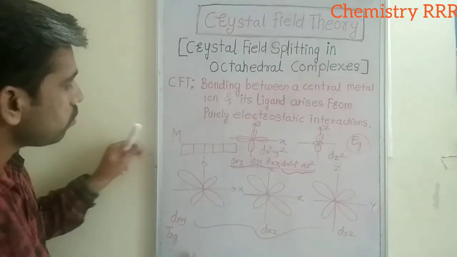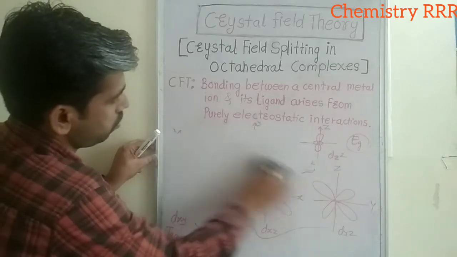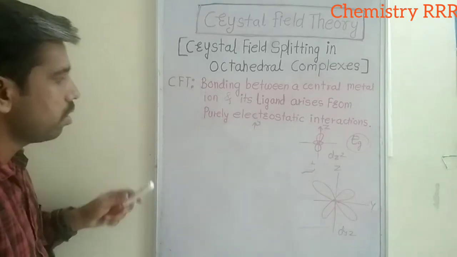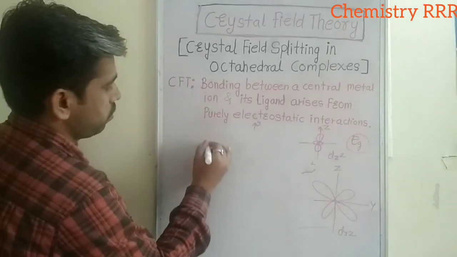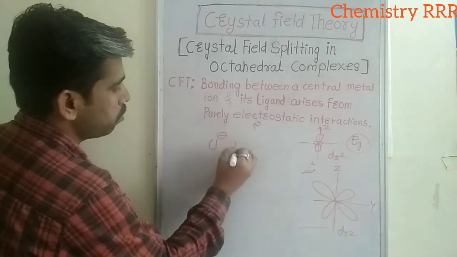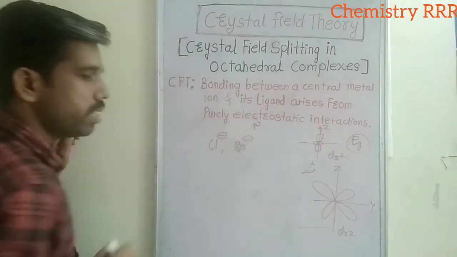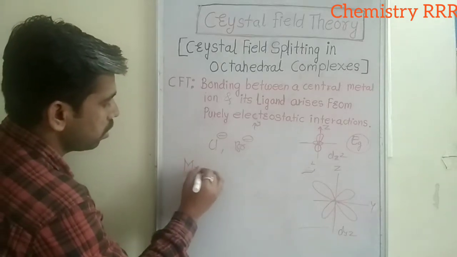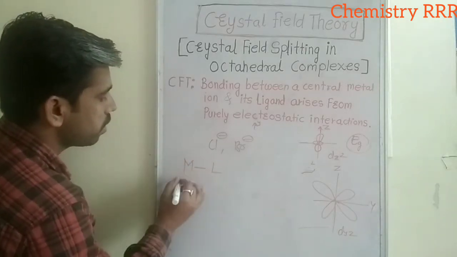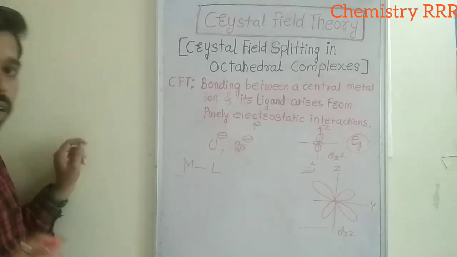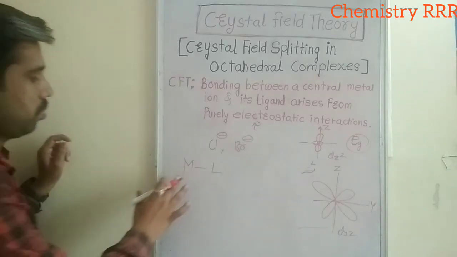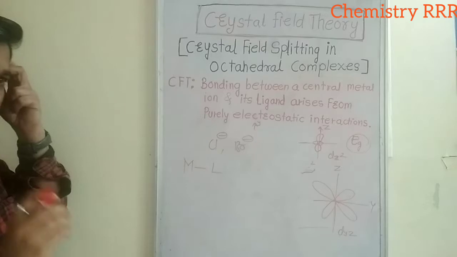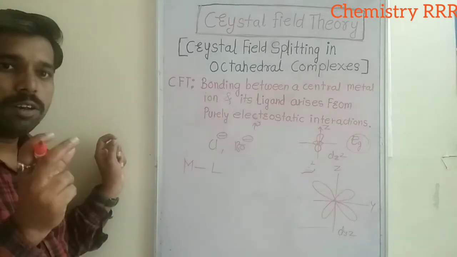Means when the ligand is negatively charged, for example chlorine, bromine, iodine, such a negatively charged ligand, then the interaction between the ligand and metal is a purely electrostatic interaction, like the cationic and anionic interaction.